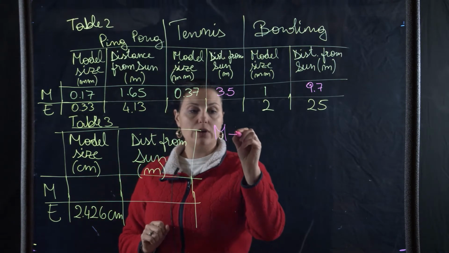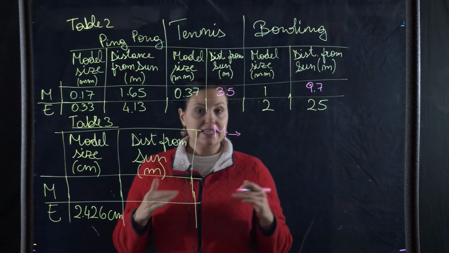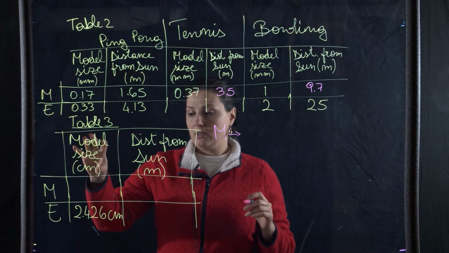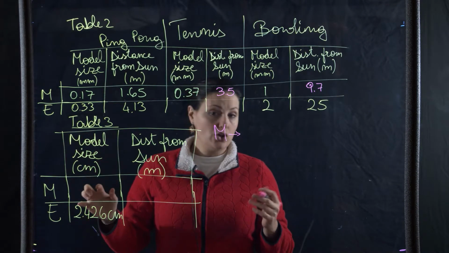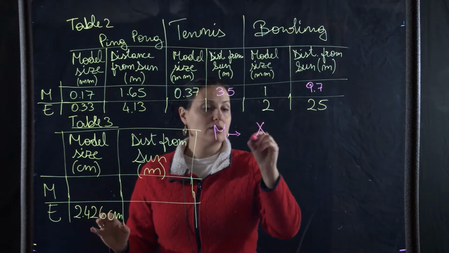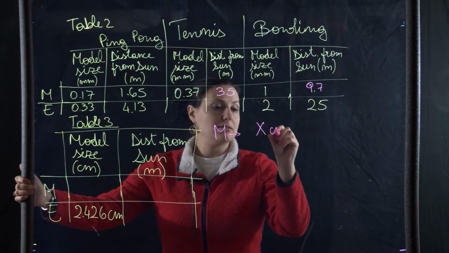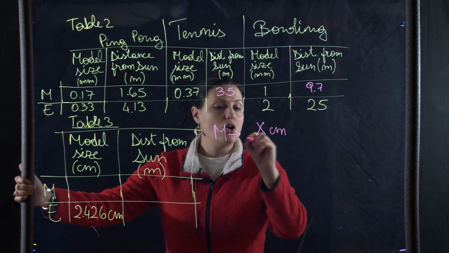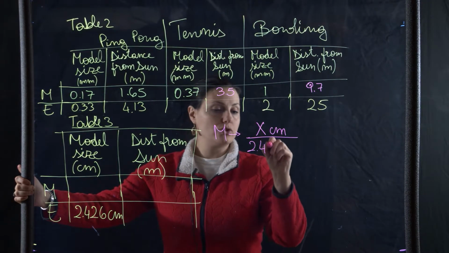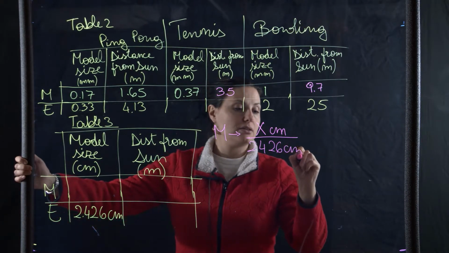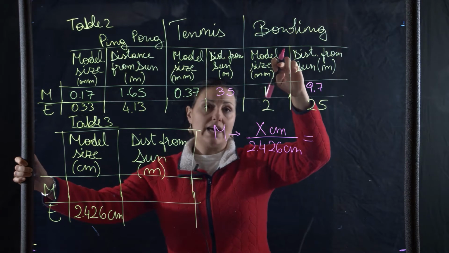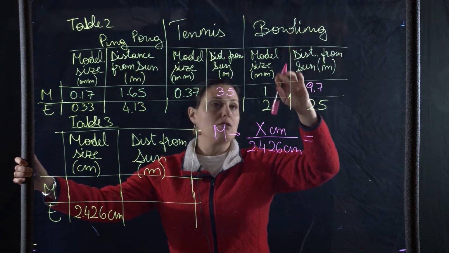So here's my Mercury. Once again, it's a simple ratio. The model size for Mercury, which I don't know, I will say x. So x centimeters over the model size for the Earth, which I know is 2.426 centimeters, should be equal to the ratio from the bowling ball example.